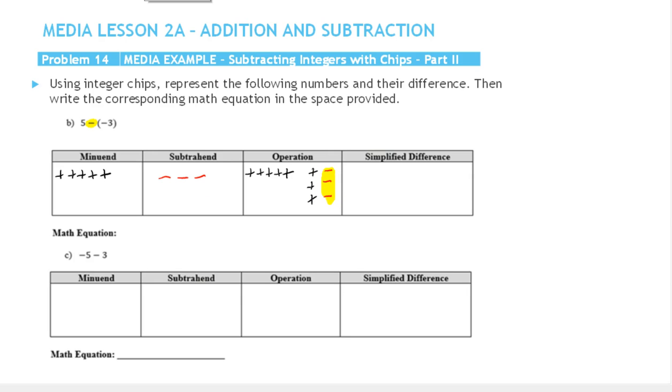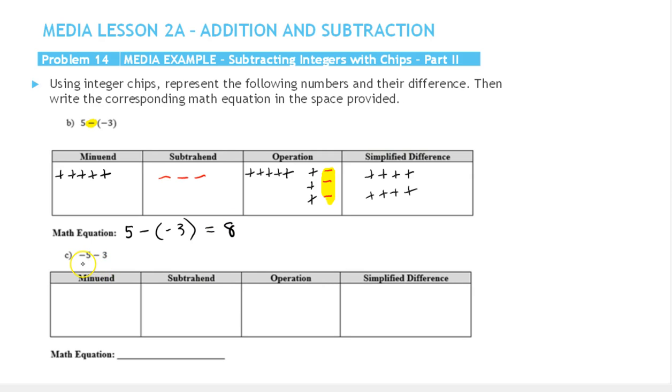And our result is a total of 8 positive chips. So our equation is 5 minus -3 equals +8, or just 8. Let's look, we have one more.